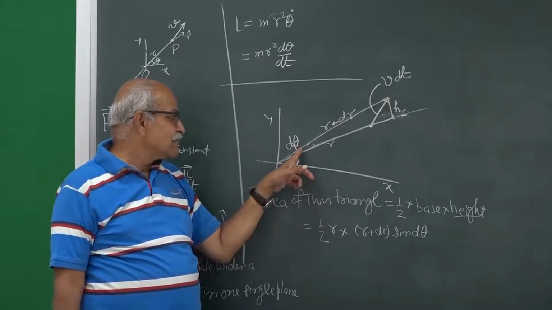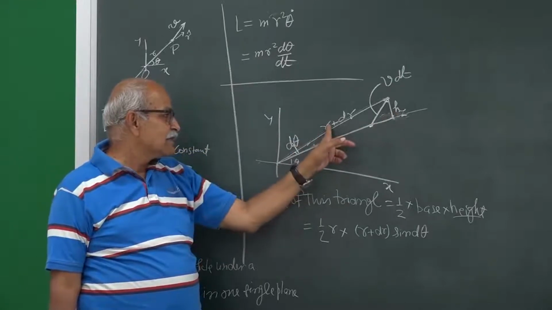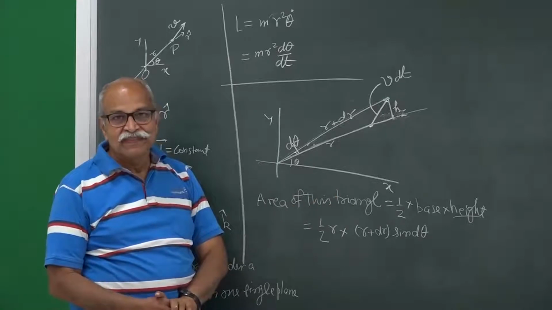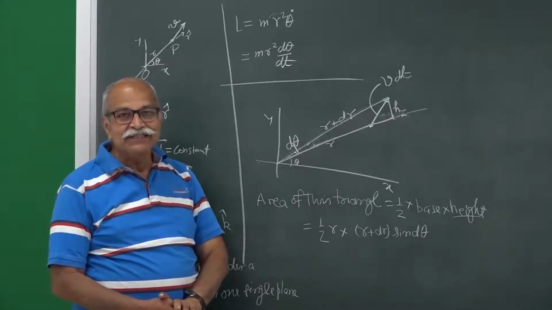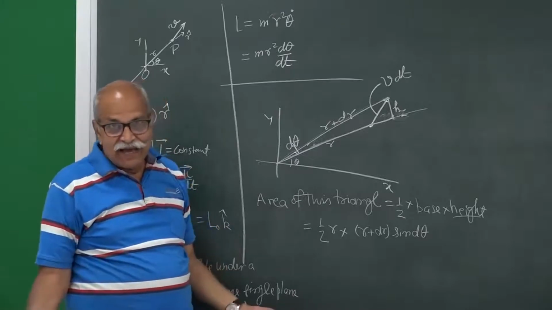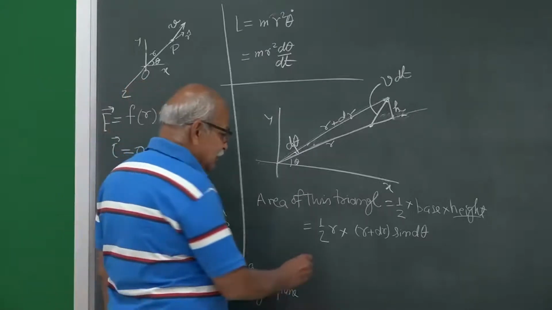So sine d theta will be h divided by r plus dr, and h will be (r plus dr) into sine d theta. But since the angle is infinitesimally small, sine d theta is the same as d theta in the limit.